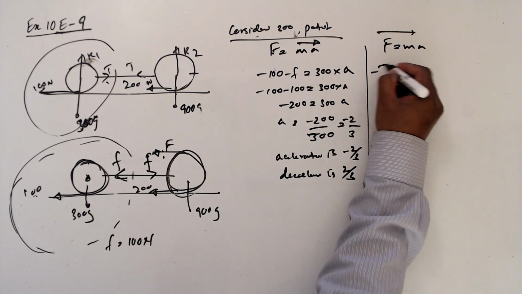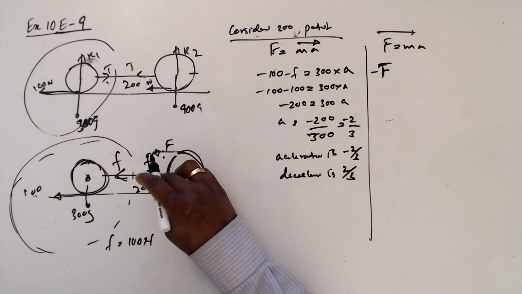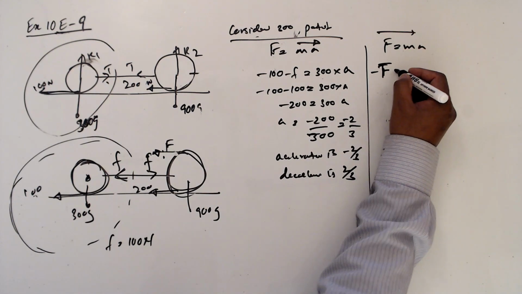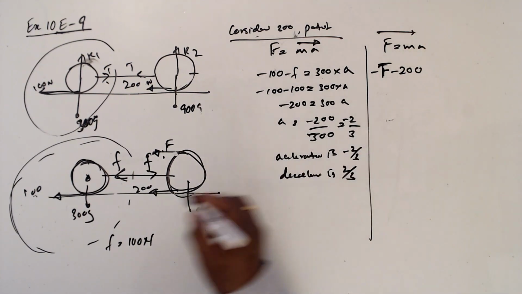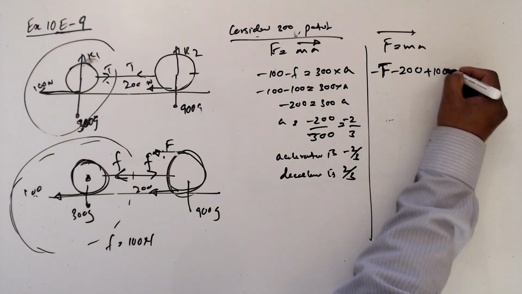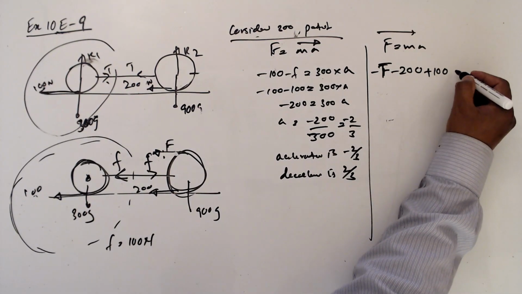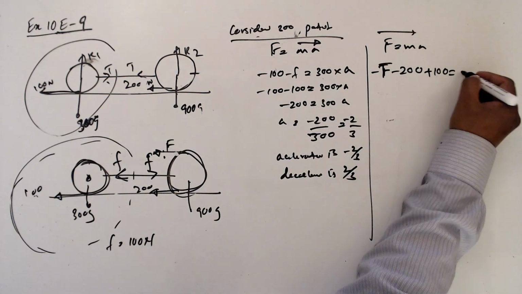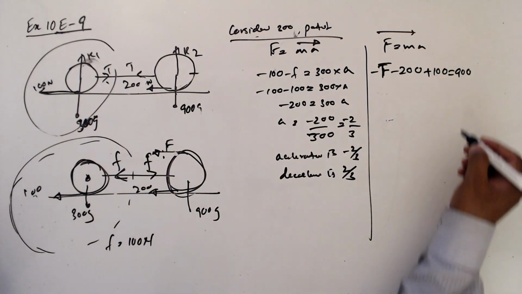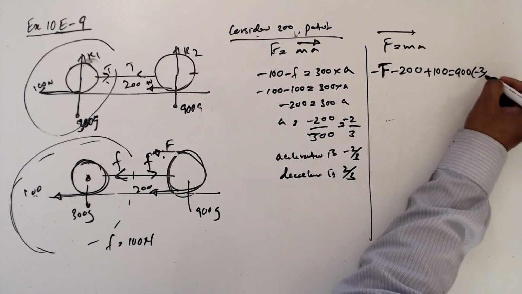This is going to be minus F, capital F, minus 200 resistance, plus 100 equals mass 900 times the deceleration we worked out, minus 2 over 3.